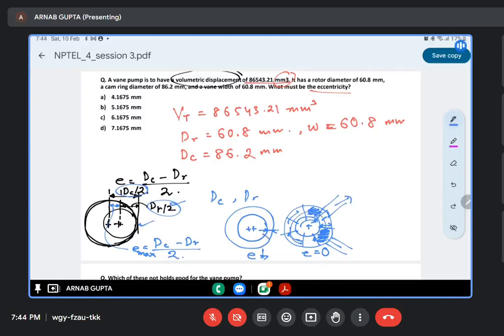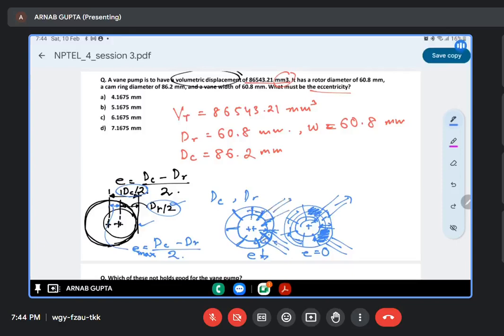In this case, there will be some partial suction and delivery because the vanes will go and sit here onto the cam ring, and in this particular region the volume is increasing in this direction, and hence the suction will take place. And in this particular region, as the volume is decreasing, the delivery will take place.